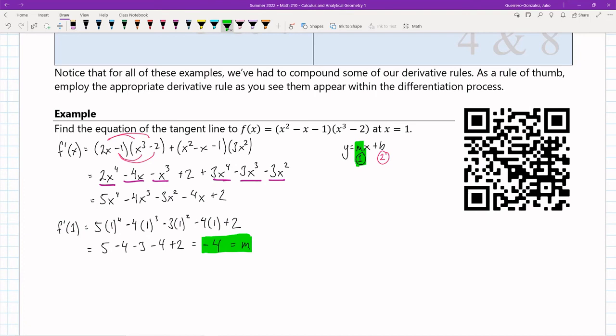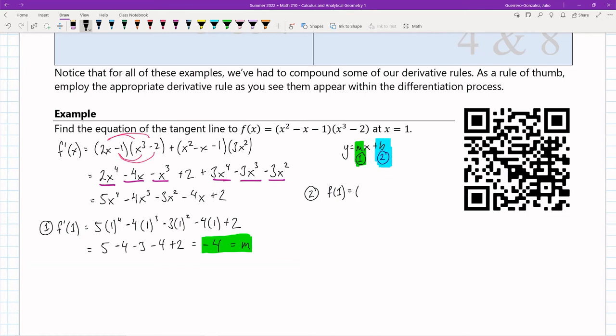The next thing we need now is to find b. Okay, that's part 2. So let me write this out. So this was part 1. So for part 2, we need a point so that we can base our b off of. So what we're going to do is find f of 1. And to do that, we're just going to go ahead and plug it into our original f, not the prime, just the f.